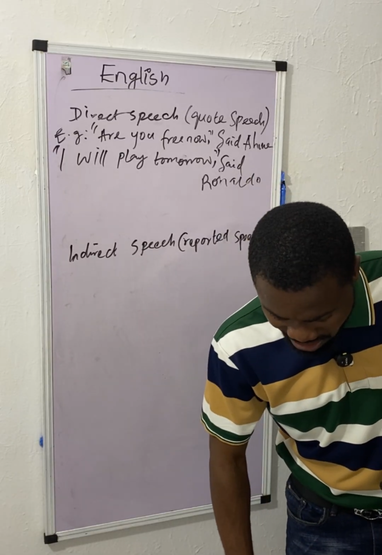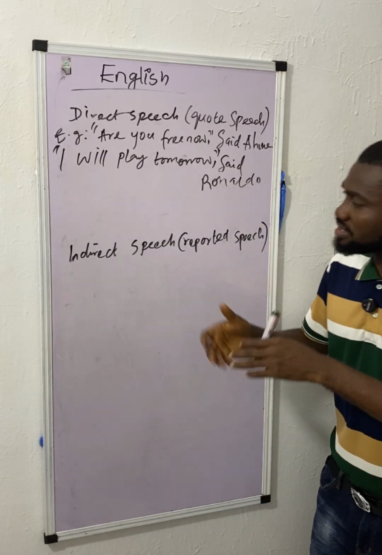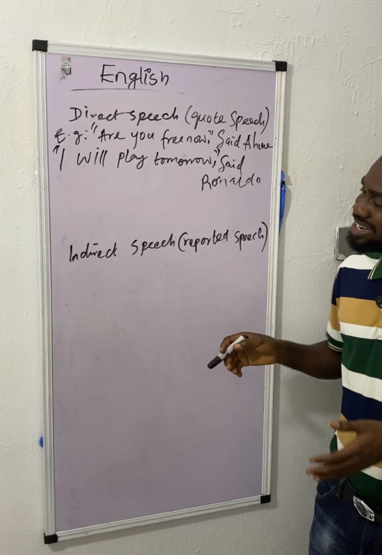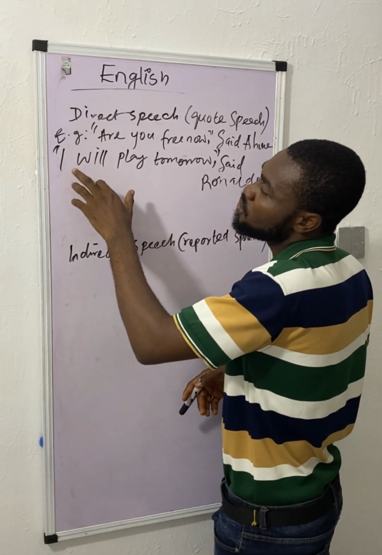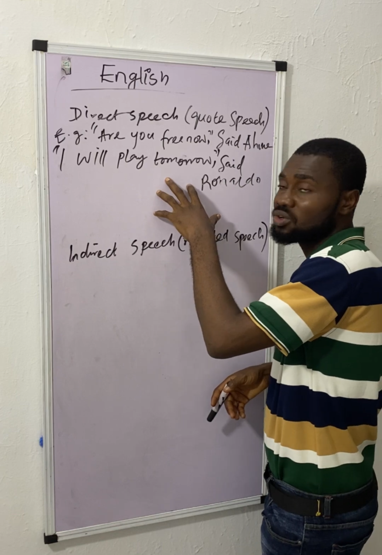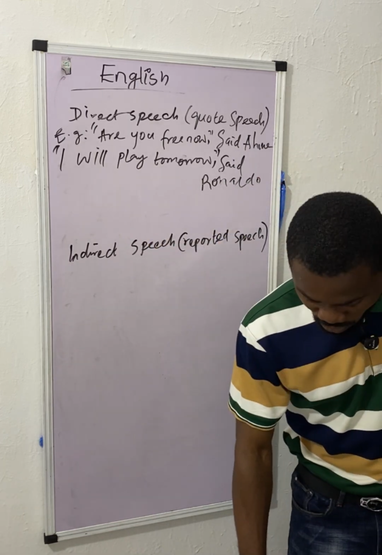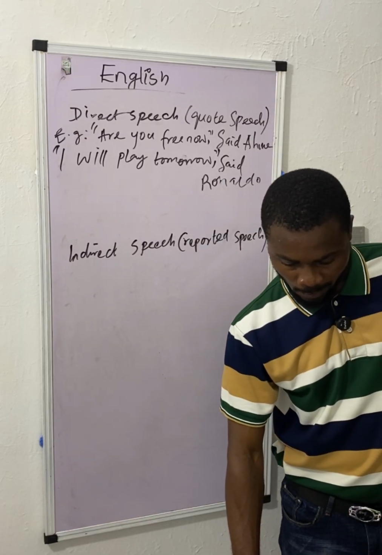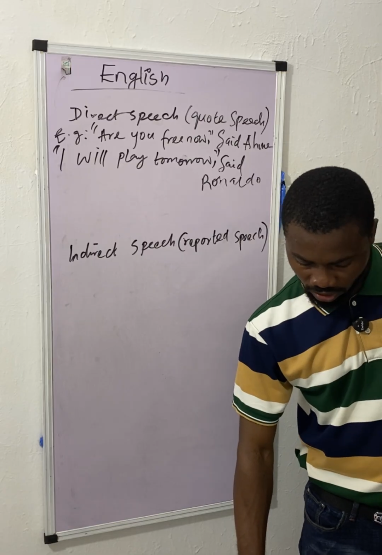Very easy. Then for indirect speech, we paraphrase. It can also be called reported speech. We paraphrase, we report what the person said in the direct speech. That's where we convert the direct speech to an indirect speech. We now paraphrase the words of the speaker.